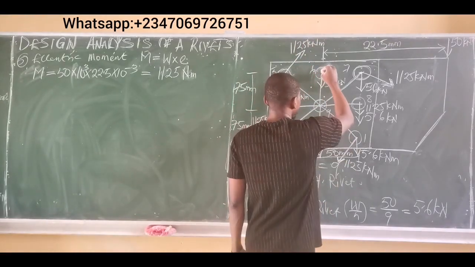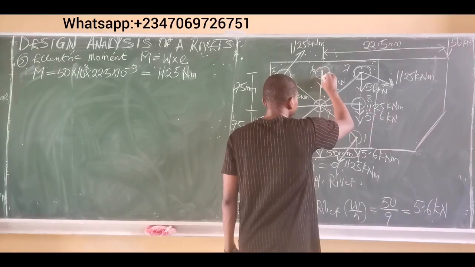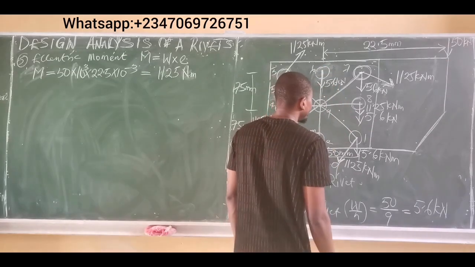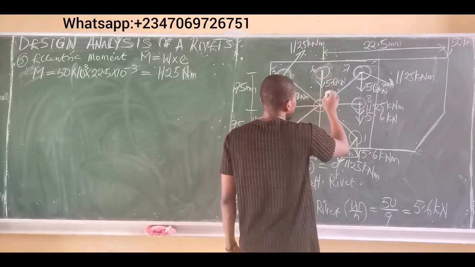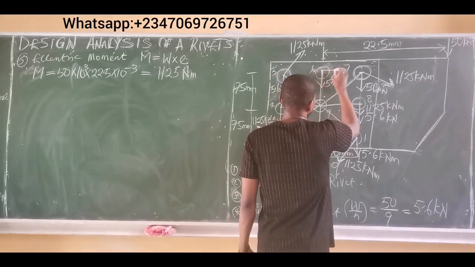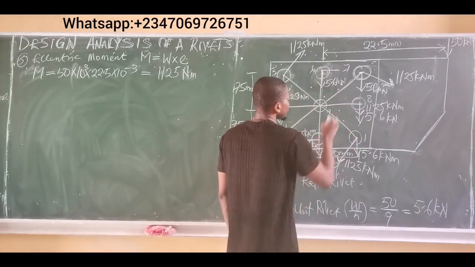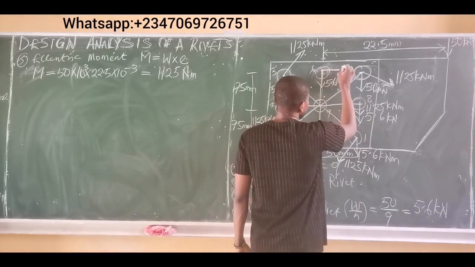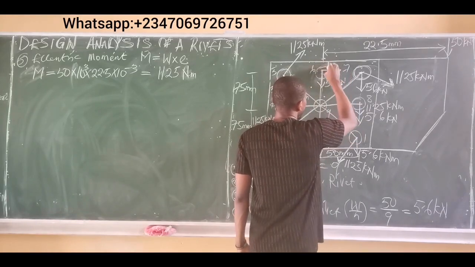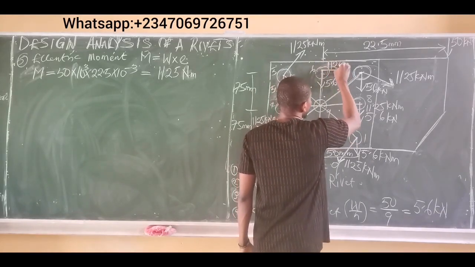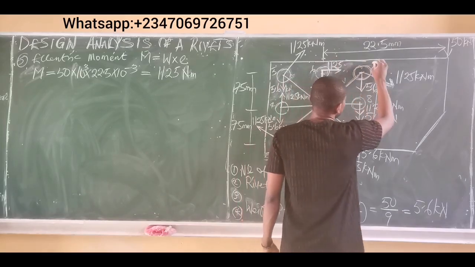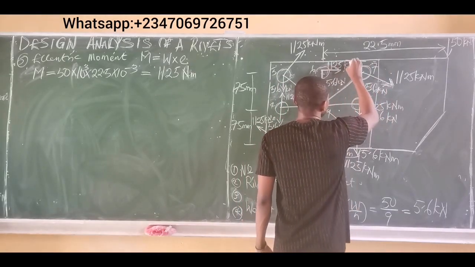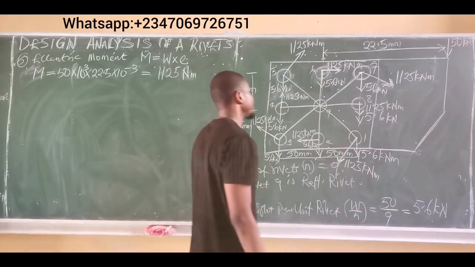Whereas this is the line that connects this rivet to the center. 90 degrees should be somewhere here. This is 90, as can be confirmed. So 90 degrees is pointing this way, so we have the value to be 1125. This is rivet 7, kilonewtons meter. So you have something like this.